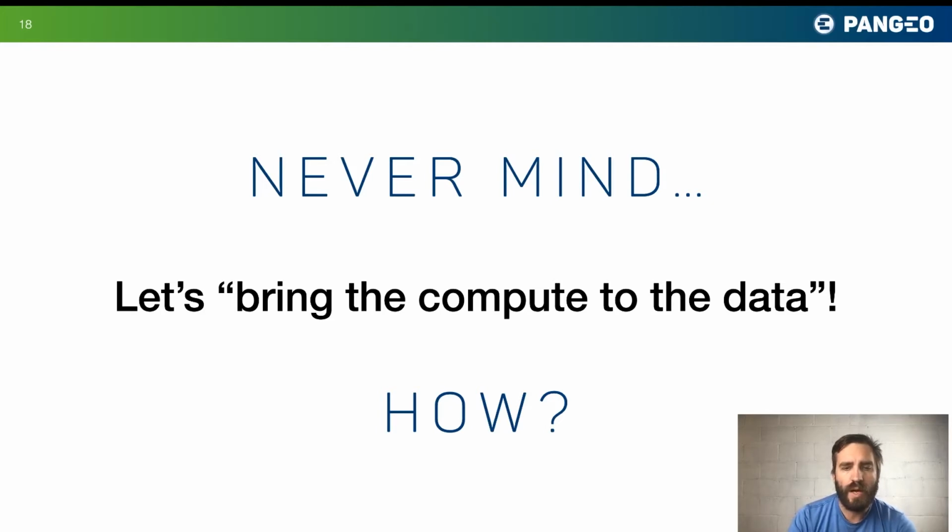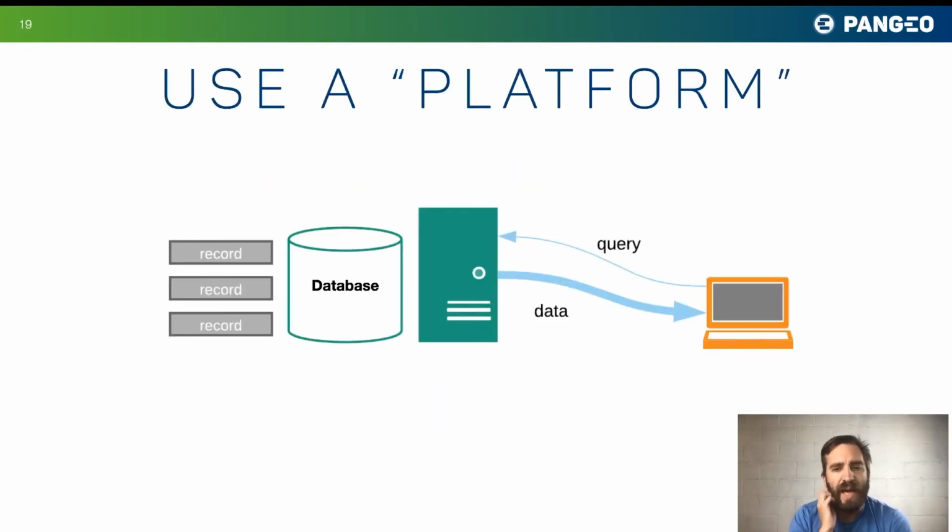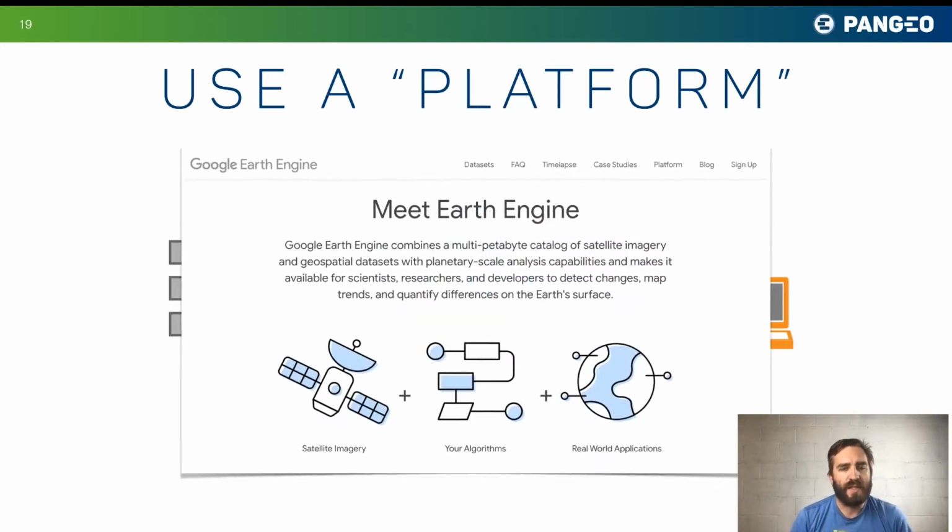Well, one option is to use a platform. By platform, I mean some sort of one-stop shop where we can access our data and analyze it all in one. And a great example that many people have heard of is Google Earth Engine, which combines a catalog of satellite imagery with advanced analytics capabilities.